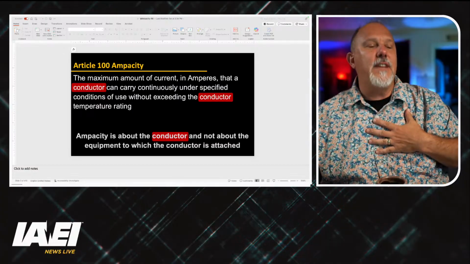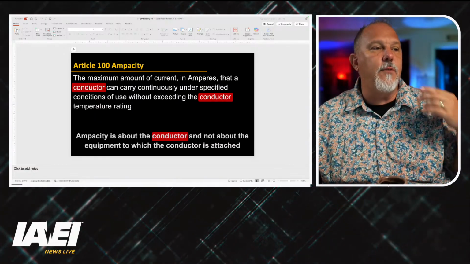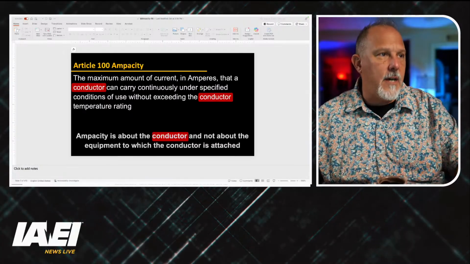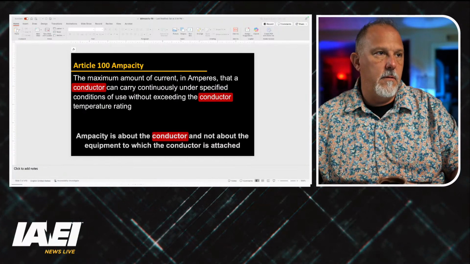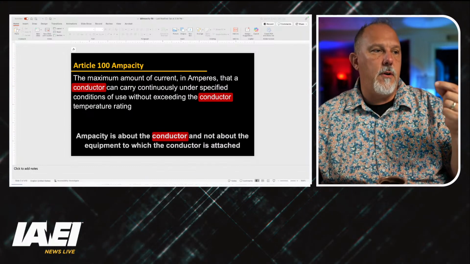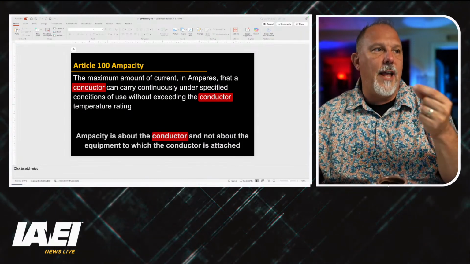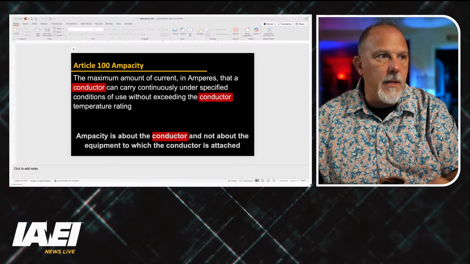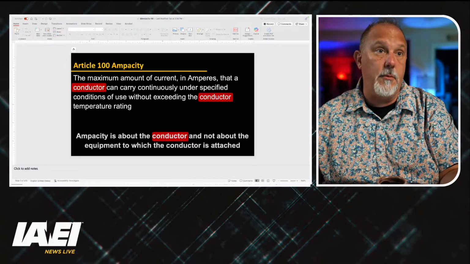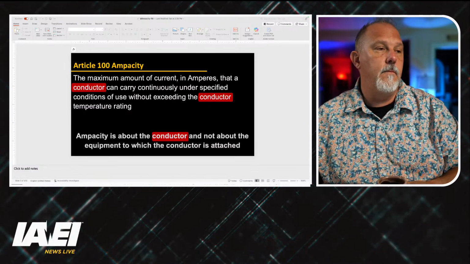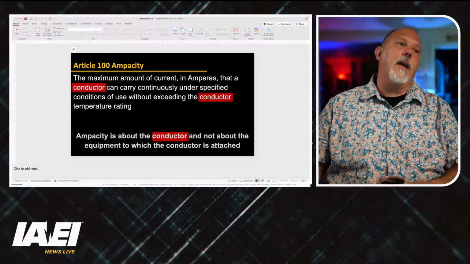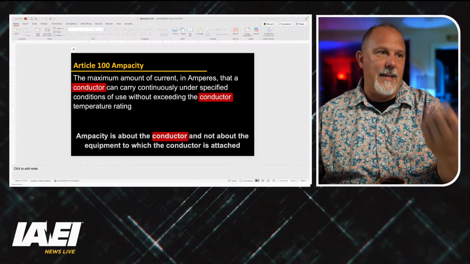I would have expected something in 310.14 to tell me that the ampacity of my conductor is based upon the conditions of use as governed by 310.15. And I'm not seeing it. It just says the tables of 310.15. Okay, so if I go to the tables, I get it.